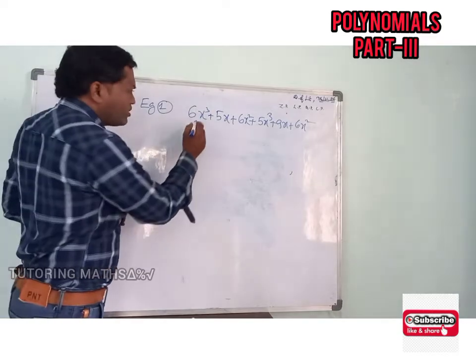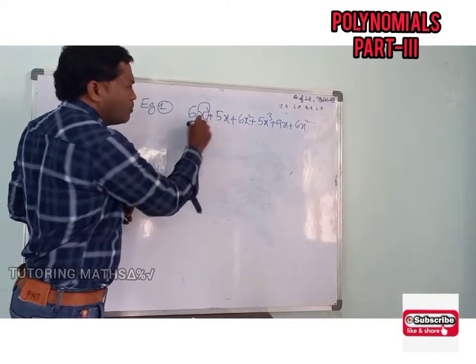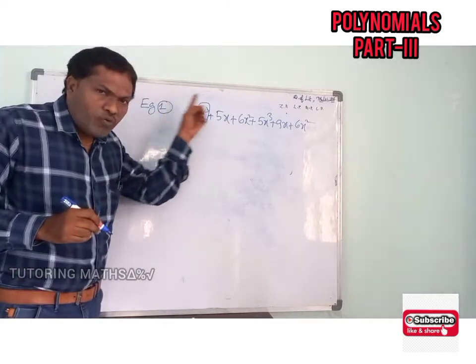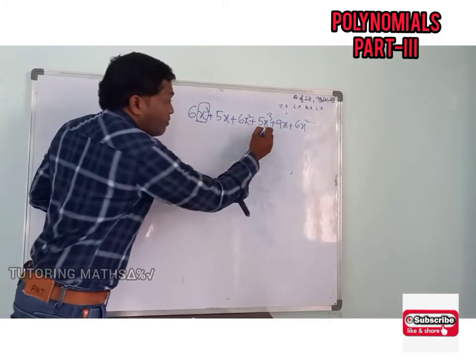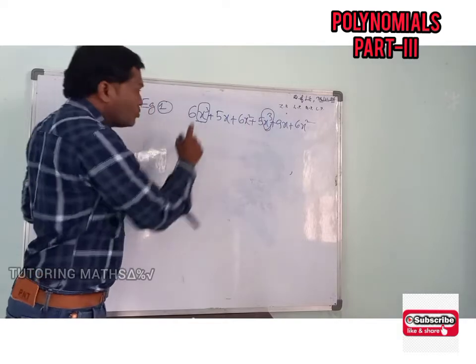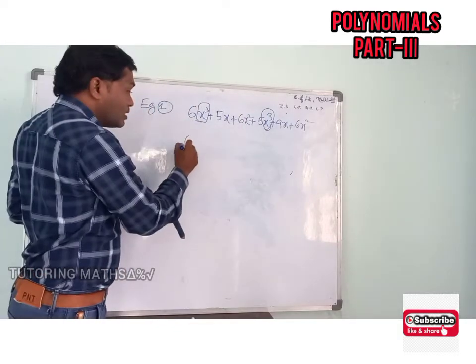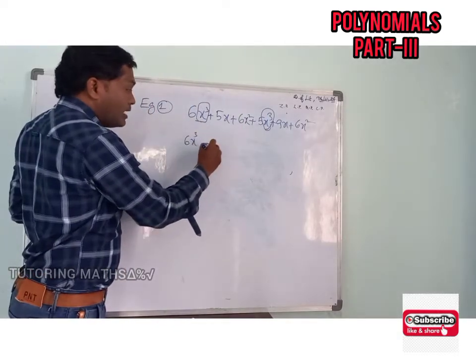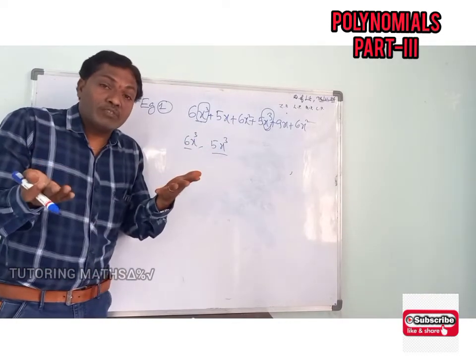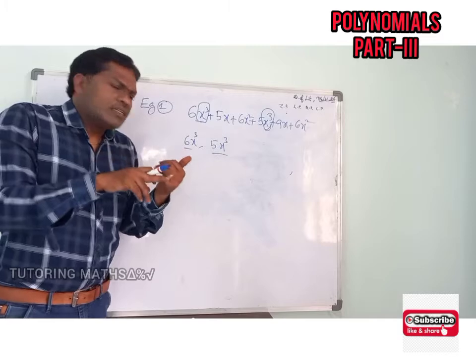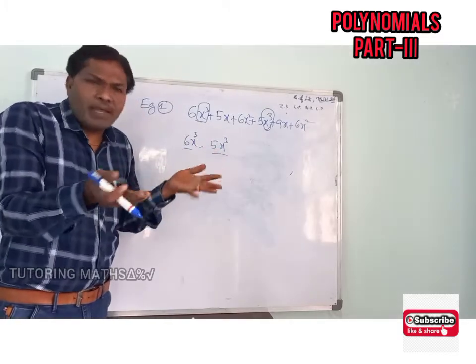First of all, let us take x cube. Can you find one more x cube in this example? Yes, we have one more x cube. So what are the like terms? 6x cube and 5x cube. These two terms are like terms, because the coefficient may be different.